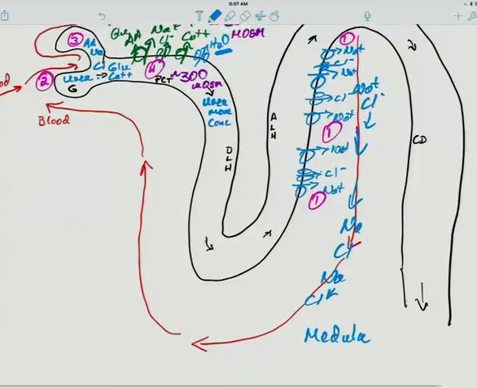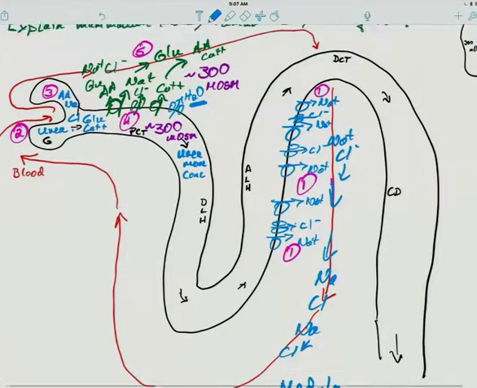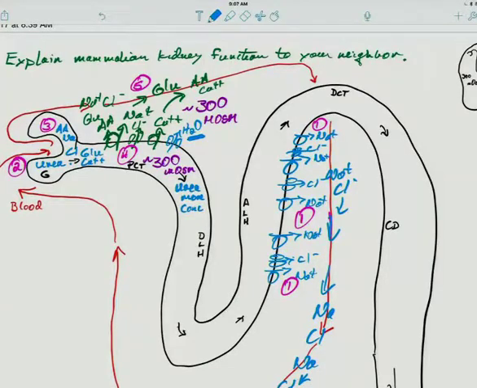Okay, so we have, over on the right side here, the blood. So the blood that has just picked up some of the water, a lot of glucose, amino acids, and so on, is coming over and running down in the opposite direction from the fluid in the ascending loop of Henle.